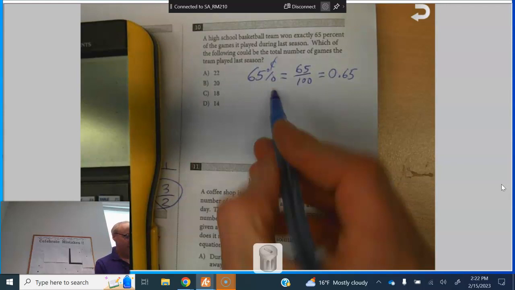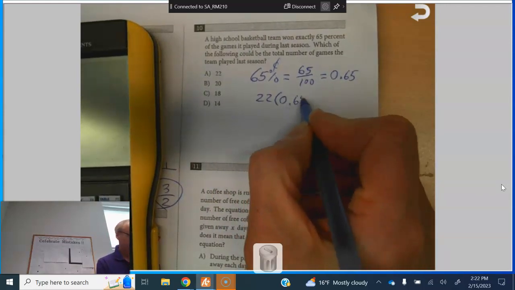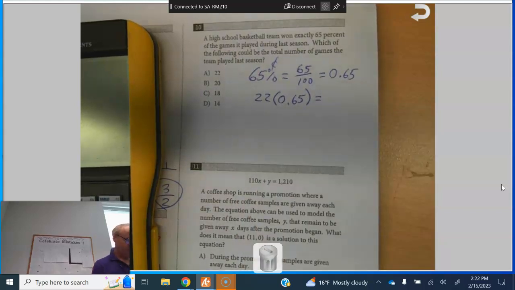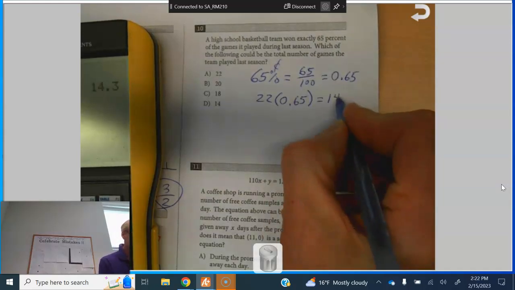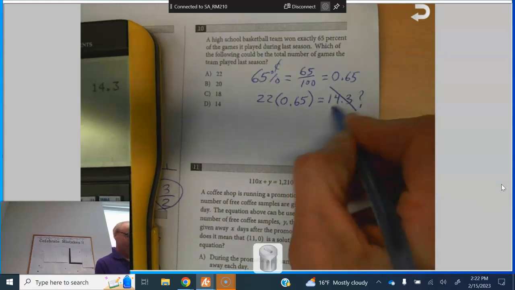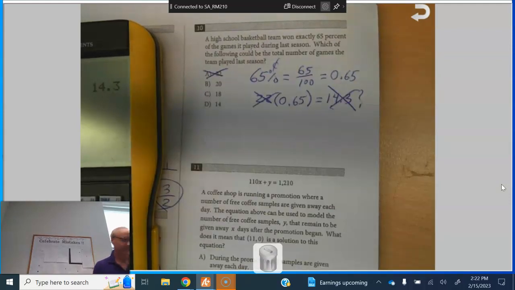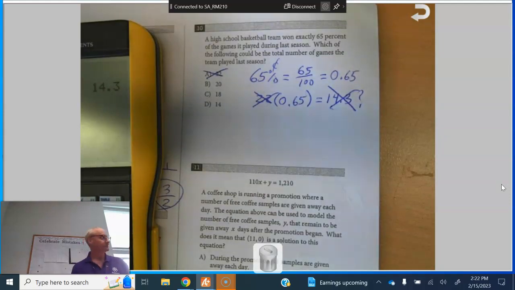I'm going to start with 22. And see what I get. Did they win 14.3 games? I don't think so. What am I looking for? 22 didn't work. Try the others and see which one works out for you. I think you'll figure it out.